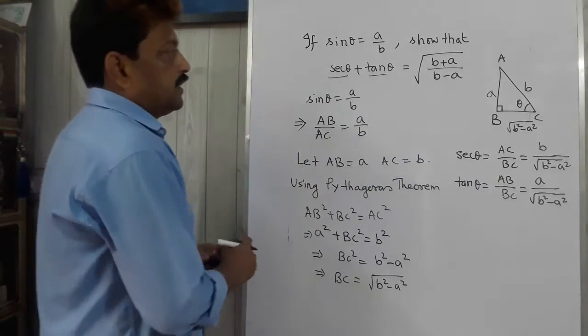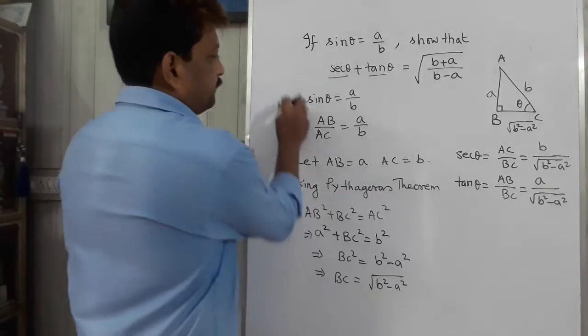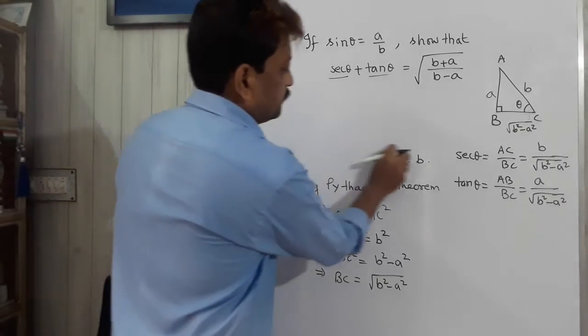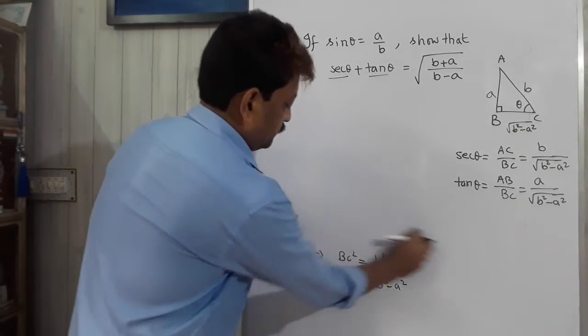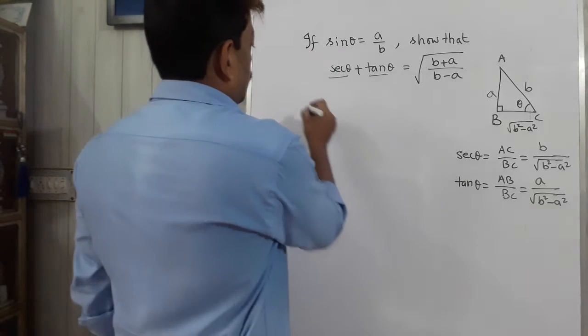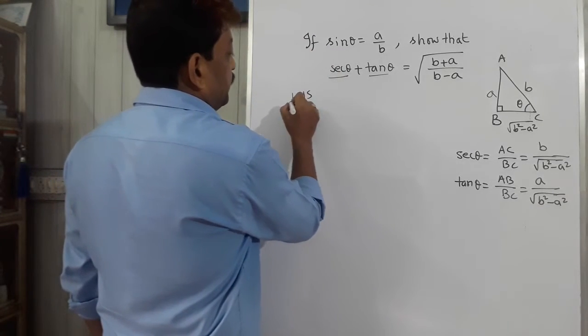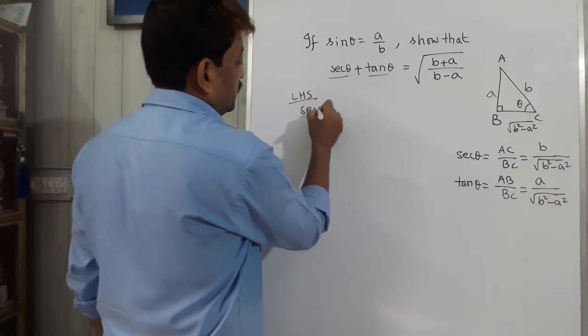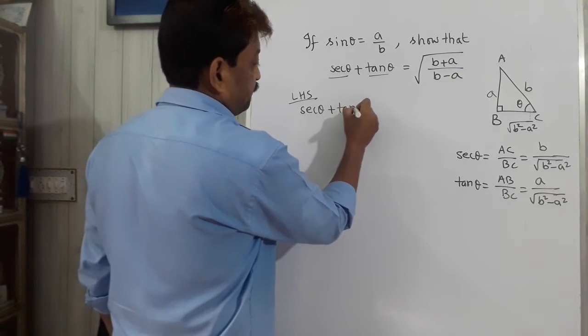Now let us go for the proof. Let us show that the LHS and RHS are equal. So LHS is sec theta plus tan theta.